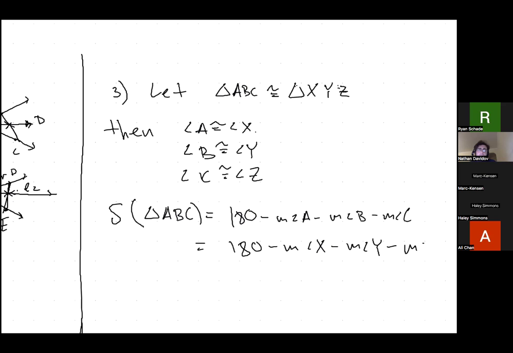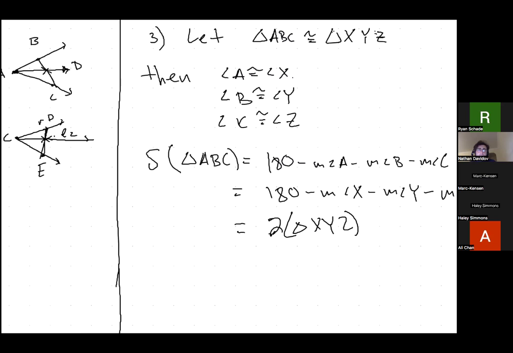But that's just equal to the defect of triangle XYZ. So you have this equality here. By algebra, you can just multiply by k on both sides. K is a constant.